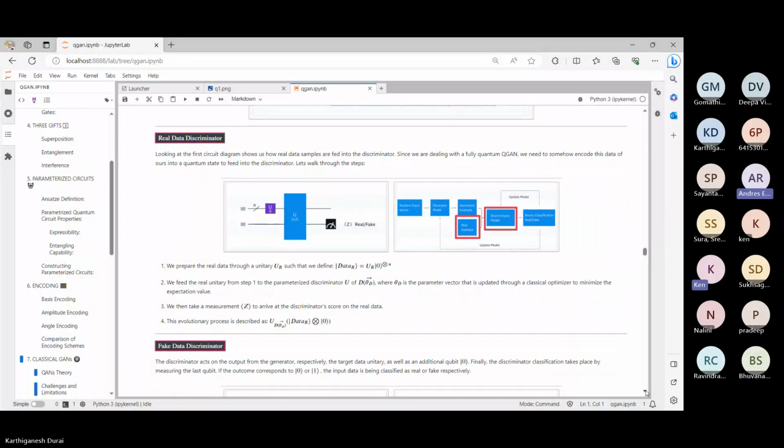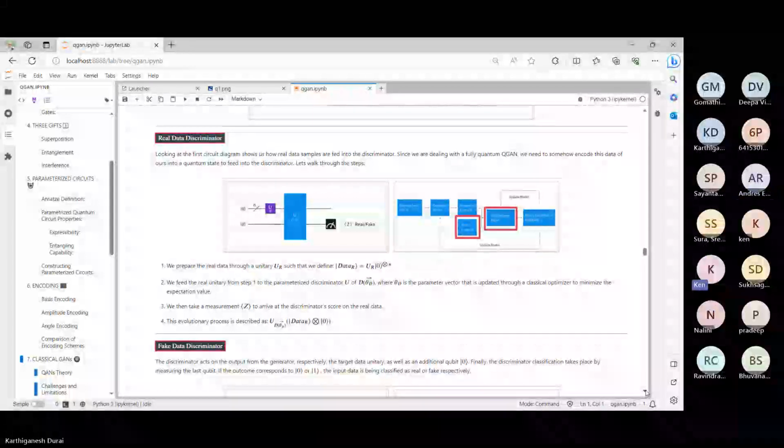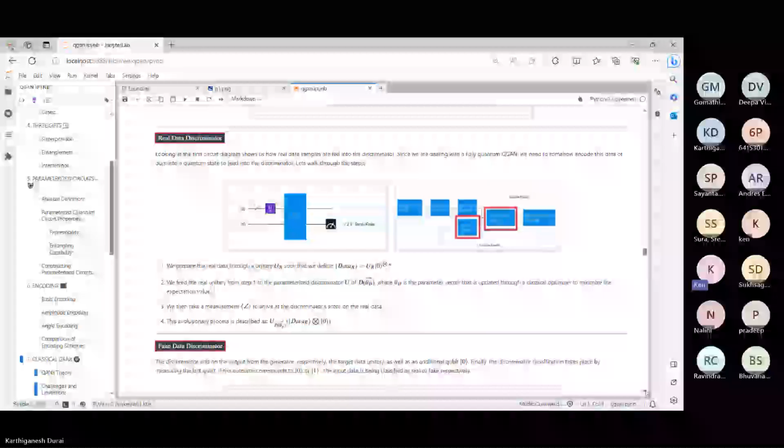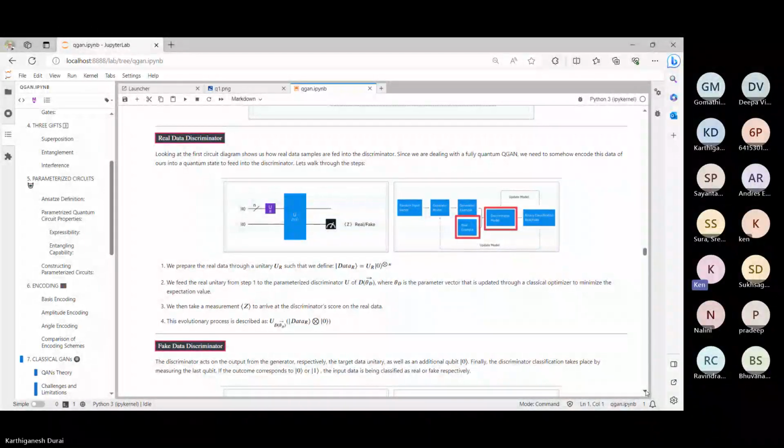The real data discriminator is pretty straightforward. We'll have some unitary representing our real data, and we're going to feed that into a unitary representing the discriminator. Notice that it's parameterized here with theta, and we'll take some measurement out here. I'll just explain this one for the real data generator, but I'll avoid it for the fake generator.